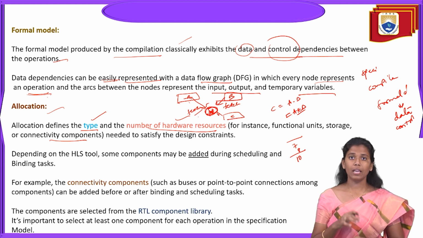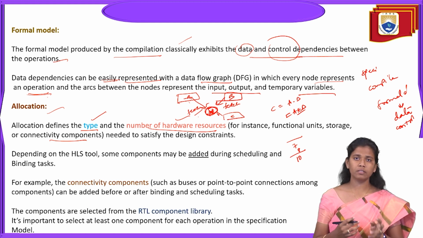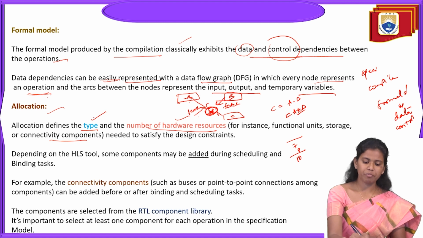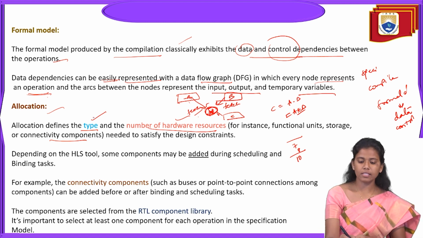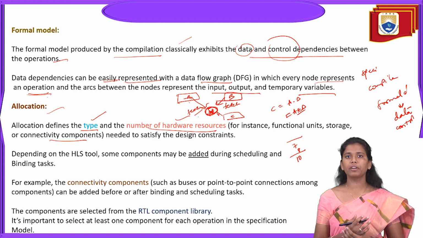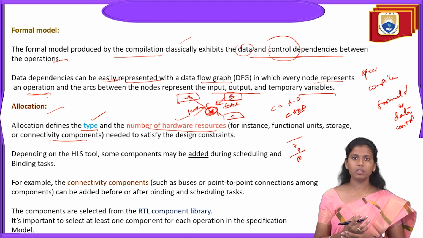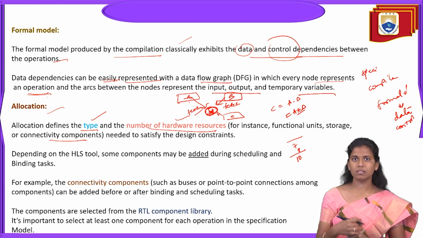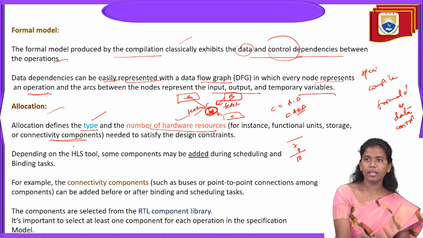So here, allocation defines, first, the type, and second, the number of hardware resources, which are the storage elements and buses. The buses are the connectivity components.